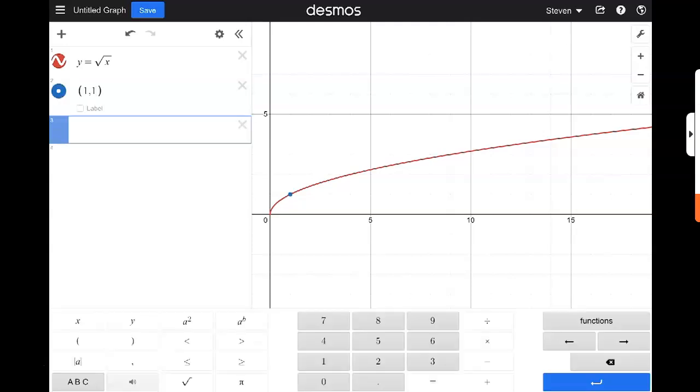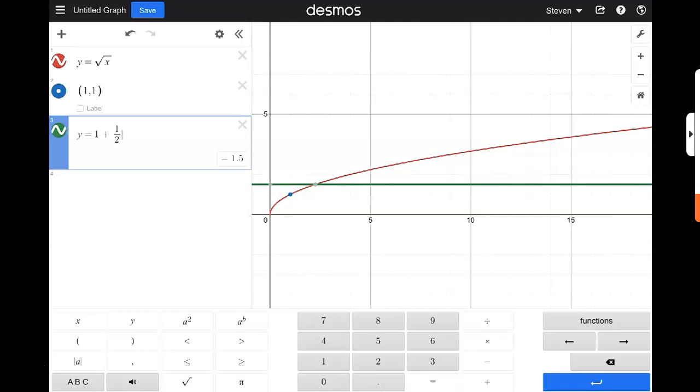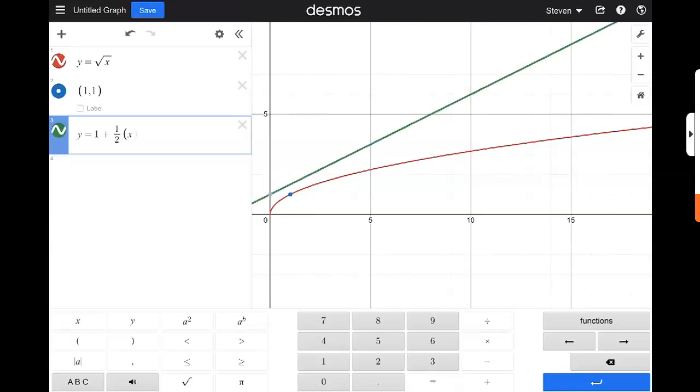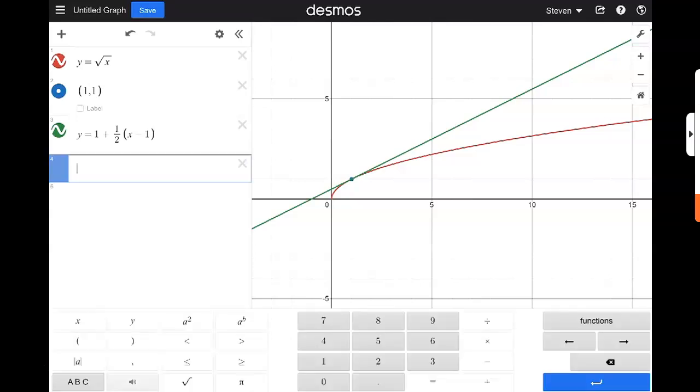And then our 2 approximations were y equals 1 plus 1/2 times x minus 1. Right, that's my linear approximation.